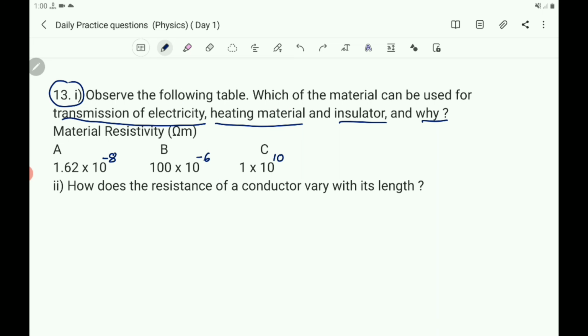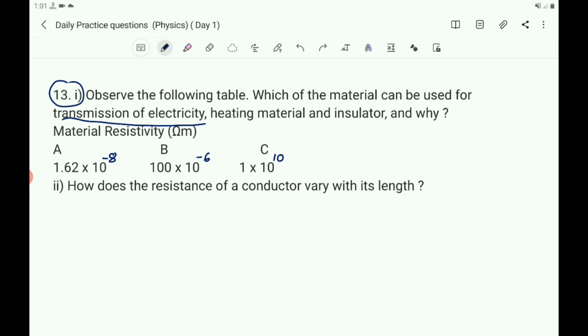Here we have to choose the material for transmission of electricity, heating material and insulator. For the transmission of electricity we have to choose a good conductor. As the resistivity decreases, conductivity increases. Metals and their alloys have a low resistivity in the range of 10 power minus 8 ohm meter to 10 power minus 6. They are known as good conductors of electricity.